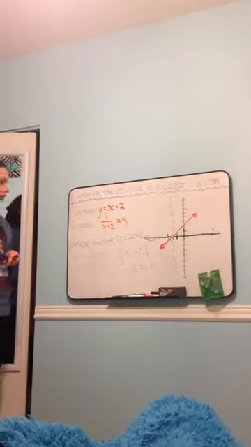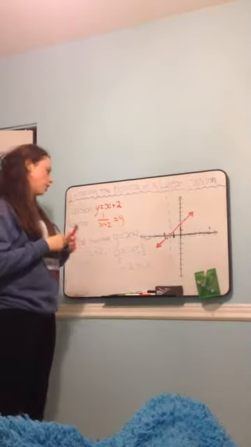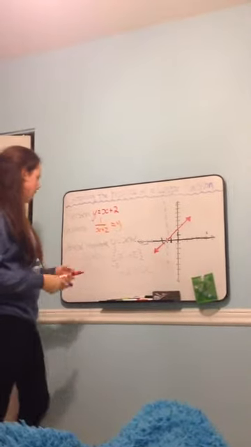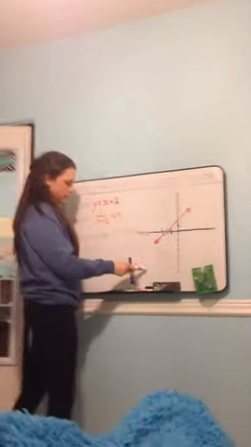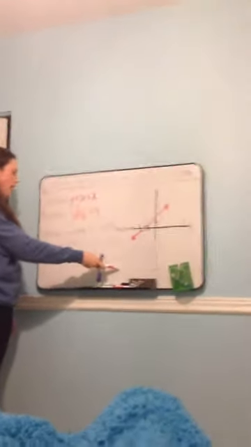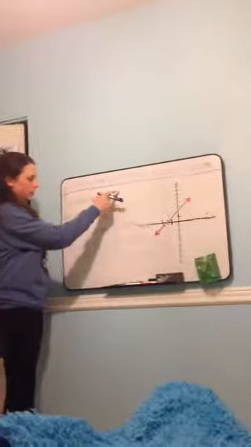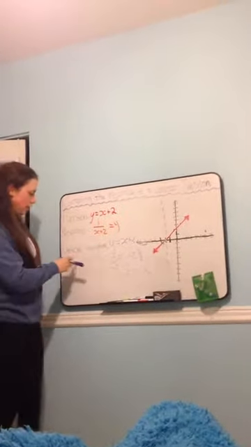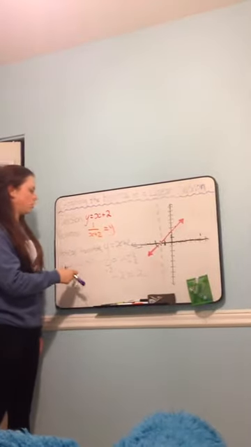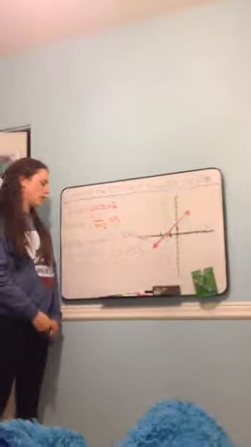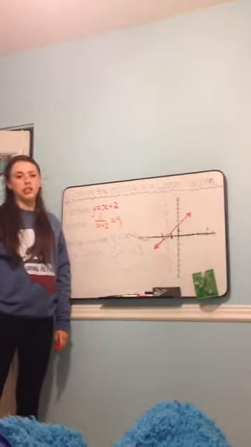But there's also a horizontal asymptote. And to find that, we're going to use our x-intercept, or our x value that we found, and replace that in this function, or we can do it in here too. So y equals negative 2 plus 2 equals 0, or 1 over negative 2 plus 2, which is equal to 1 over 0, which is equal to 0.